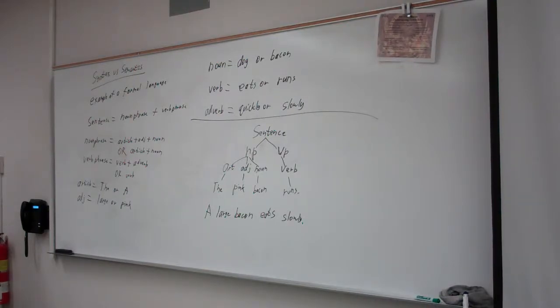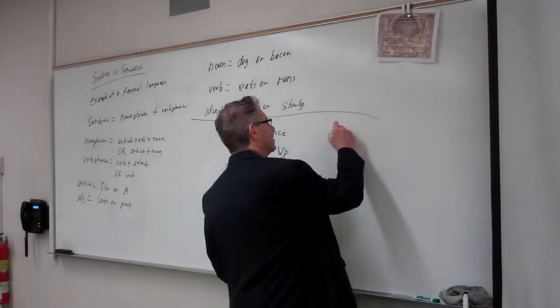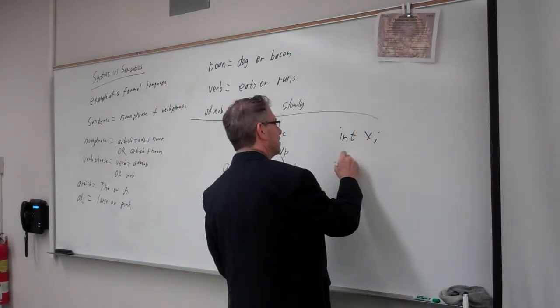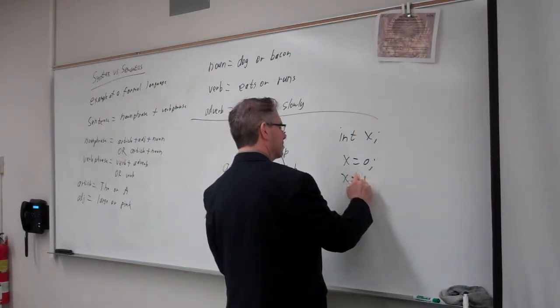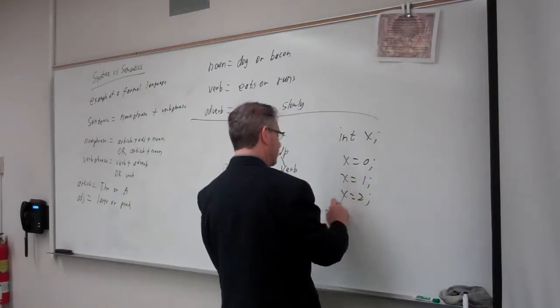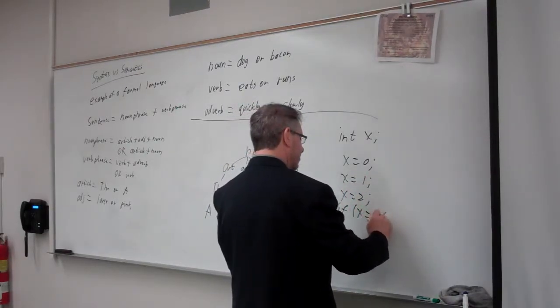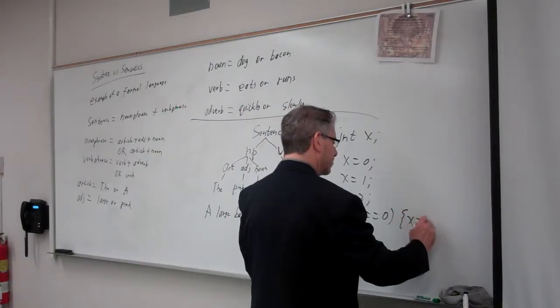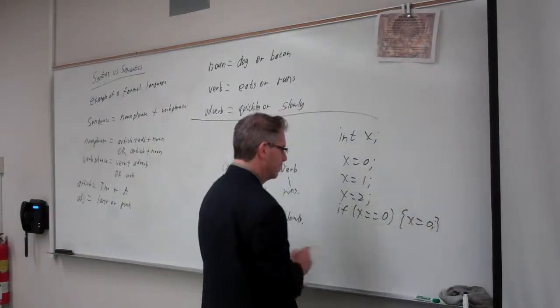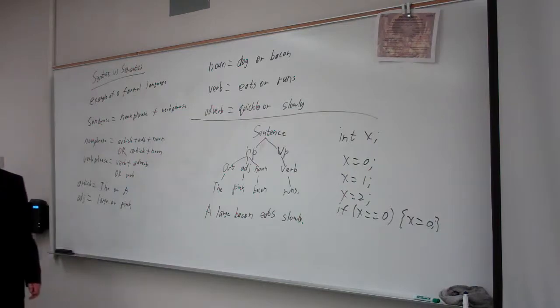In the sense of C code, for example, the compiler checks the syntax of your C program and determines whether or not it's syntactically valid. Now, if your C program says something like integer x, x equals 0, x equals 1, x equals 2, if x equals 0, x equals 0, that's syntactically valid.